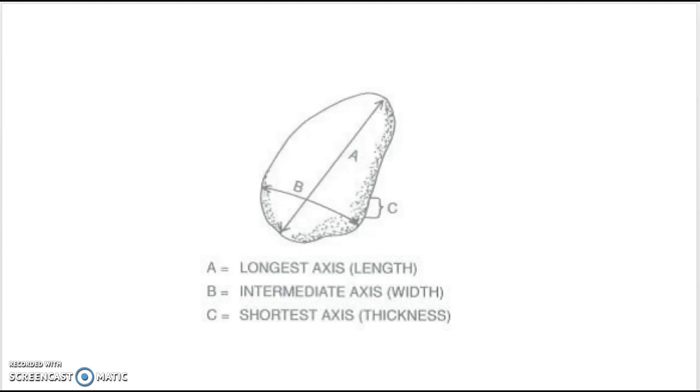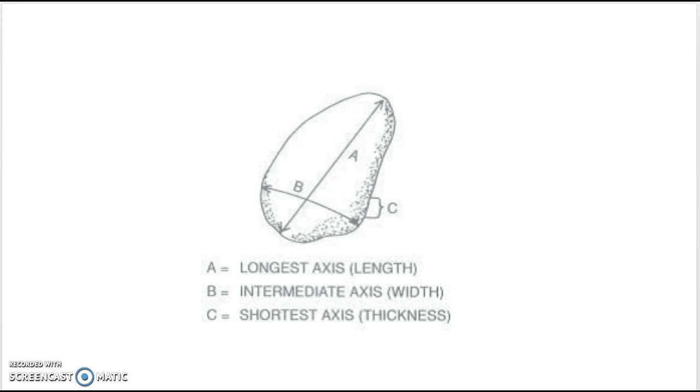So if we look at this diagram, the A axis is the longest side, in other words the length. So if we're thinking about it on a person, the A axis of a person would be their height from head to toe. The B axis, the second longest side, or the intermediate axis as it's sometimes called, is the width.